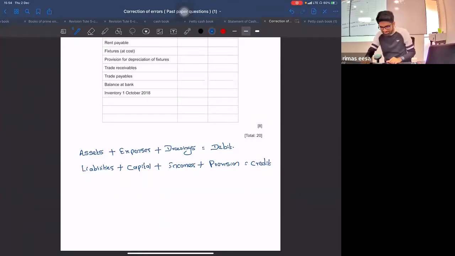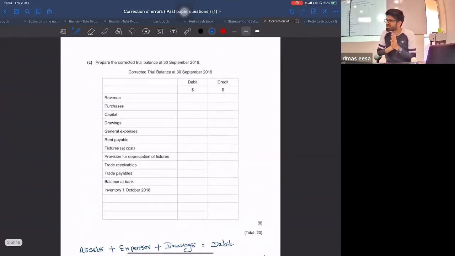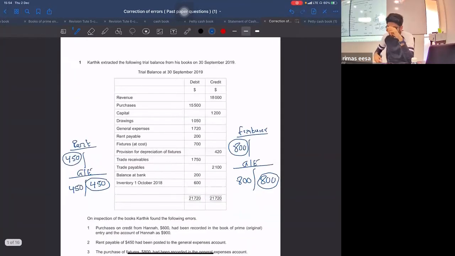Right. Now I have a question for you. First, they have given you revenue. Revenue comes on which side? Sales, always on the credit side. But there is a problem. I'll tell you what the problem is. Listen, because this is with errors. Online answers are coming up now. How much is given for revenue in the question in the trial balance before?